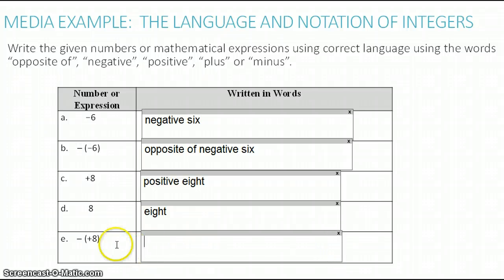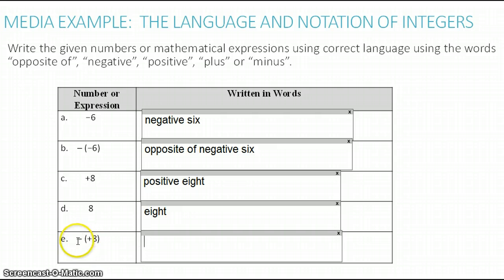We have one more problem on this screen, and we see the two symbols next to each other separated by the parentheses, so it's similar to the earlier one. So notice how this one had a symbol outside of the parentheses and a number. So again, when we have two symbols, it's nice to refer to one of them as the opposite. So we could say -8, but that seems pretty confusing.